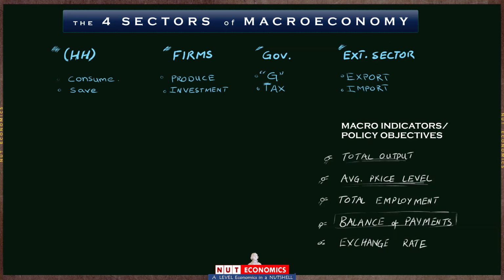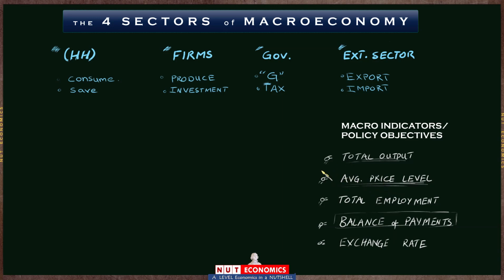Now, let me lay out the structure of this AS Macro course and how we are going to make sense of how these different economic variables such as output and price levels are determined, when do they change, what causes or affects all of these indicators.